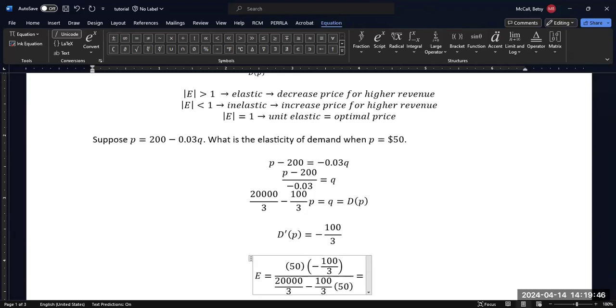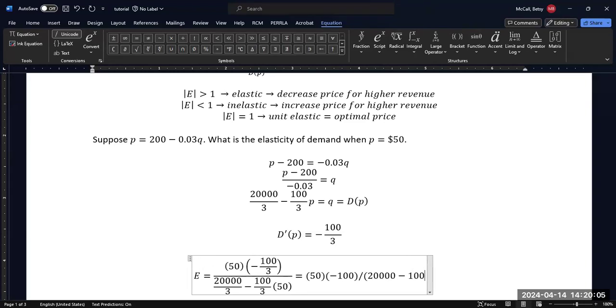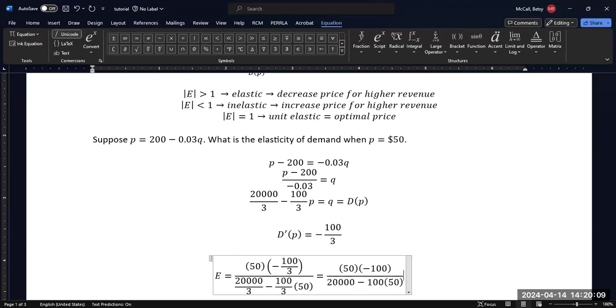And so let's see what that simplifies to. I could multiply both the top and the bottom by 3, and that would get me 50 times negative 100 divided by 20,000 minus 100 times 50. Again, just canceling all the 3's in the denominators.